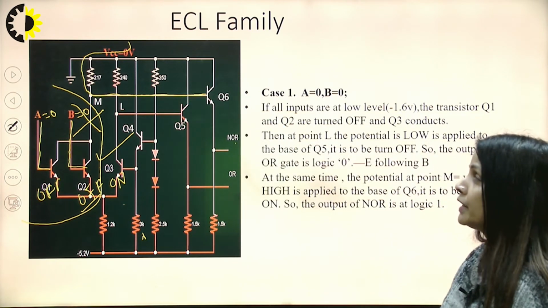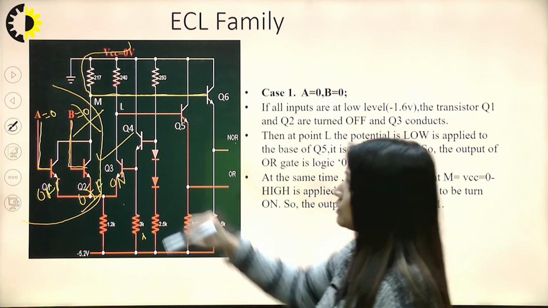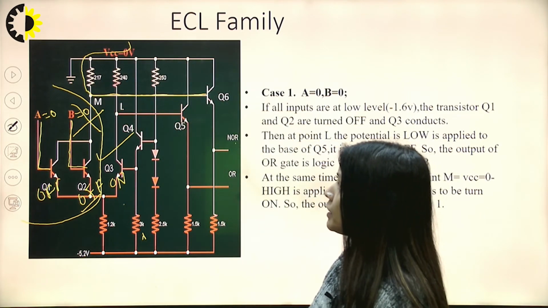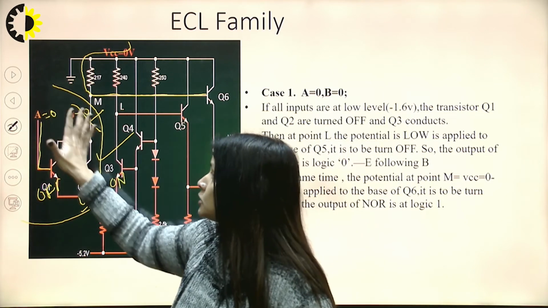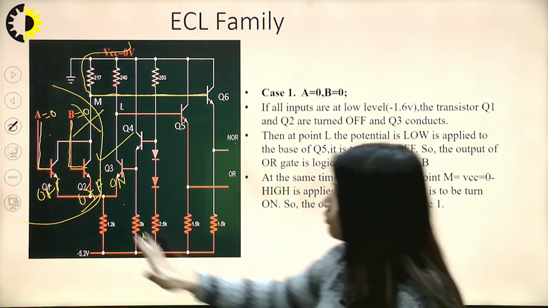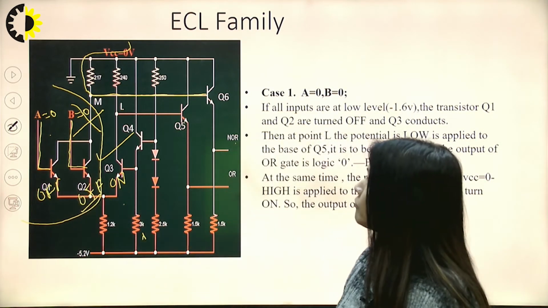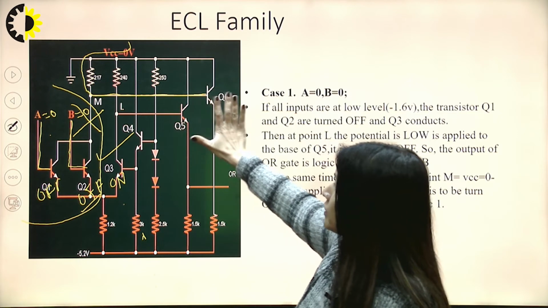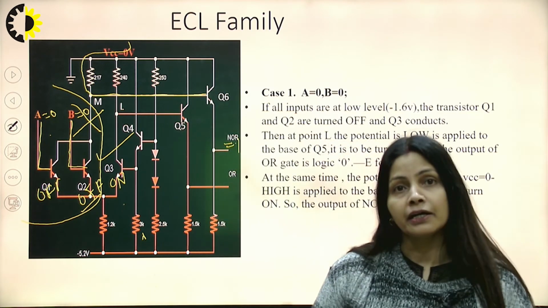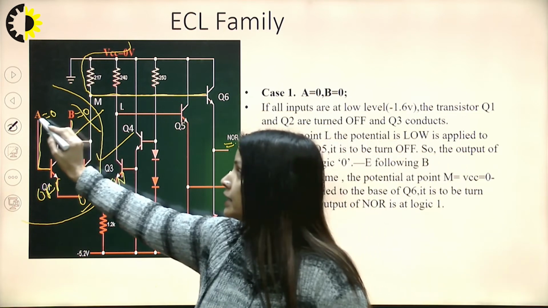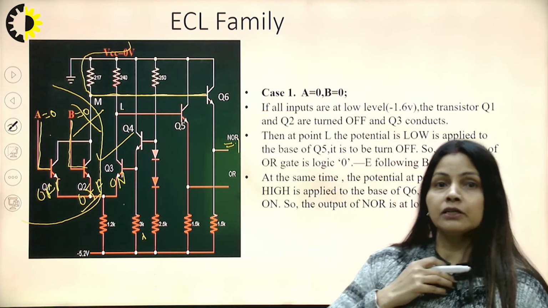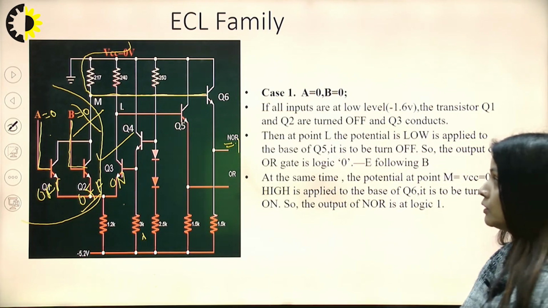So current is flowing through M and it will go to Q6. Why? Because this particular circuit is totally out of the path, because these two, Q1 and Q2, have become off. So this Q6 will turn on and the output we are getting as logic high. So that verifies that for A equal to 0, B equal to 0, the NOR output is of course 1 or high, right?